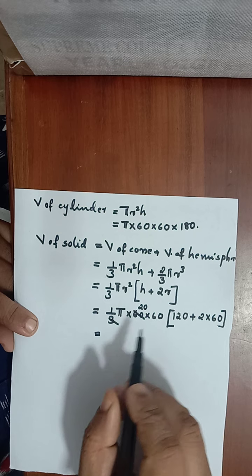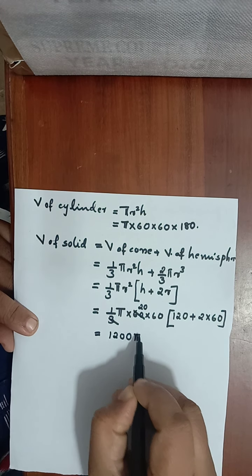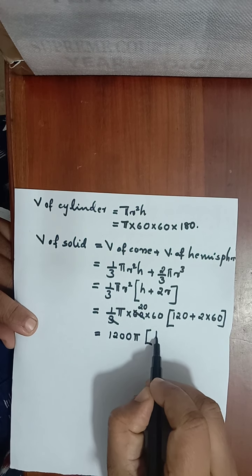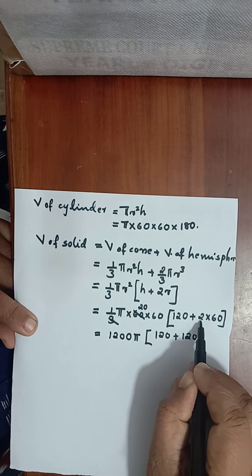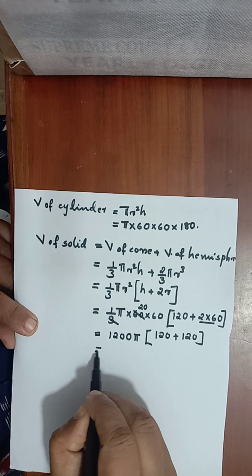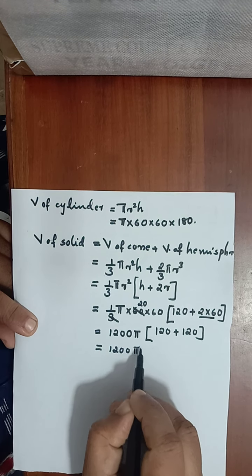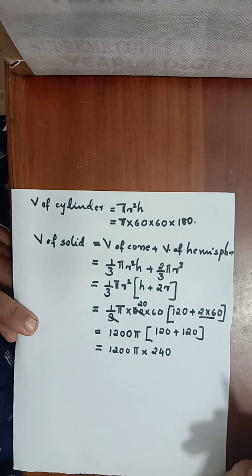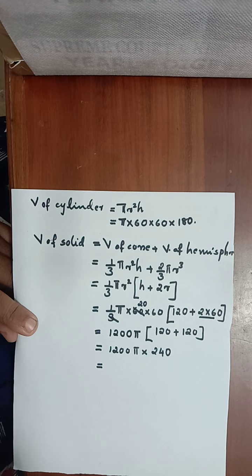Here 20 into 60, 1200 pi into 120 plus 2 into 60, so this will become 1200 pi into 240 here we have. Now we have to multiply these two and we want to find out the value of volume of solid.